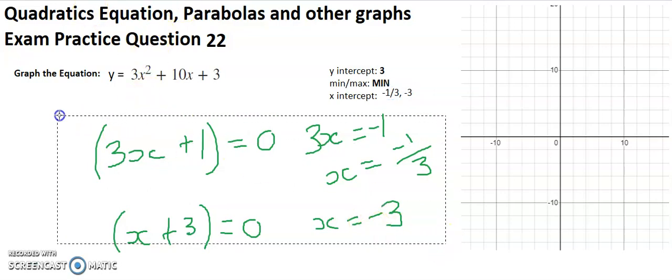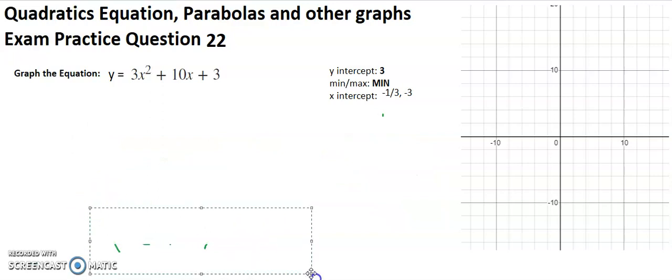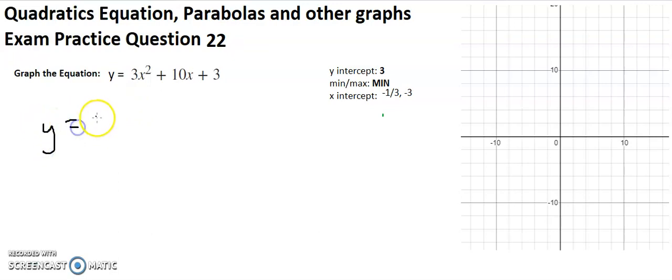The next thing I need to think about is finding my turning point. To find my turning point, I need to look at my equation. The first thing I want to do is factor out my 3, so a is outside. If I factor out my 3 from my a, I'm left with x squared.